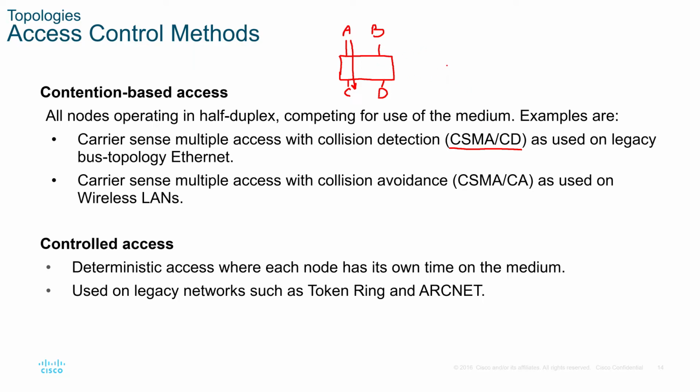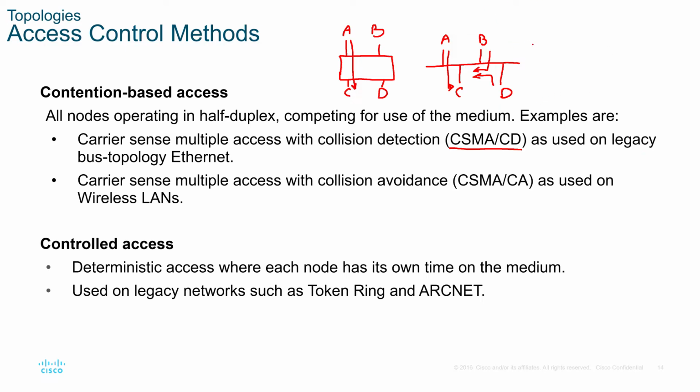And then, if by chance we had a collision of data, such as if all these were connected to a single cable instead of through a switch, it is possible that while A is communicating with C, both B and D would like to communicate with C. So when B and D recognize that there is no more traffic being sent and the carrier is free, they may both try to send data at the same time, resulting in a collision.